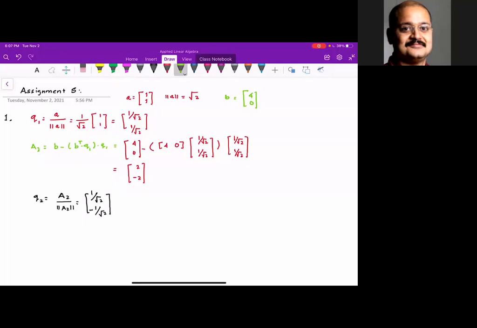And then the next thing you can do, if you want to do the QR decomposition, you can say your matrix 1, 1, 4, 0 is equal to Q1, Q2 multiplied by the norm of A, 0, square root 2, norm of A2, square root 2.